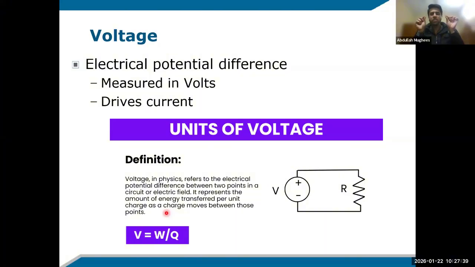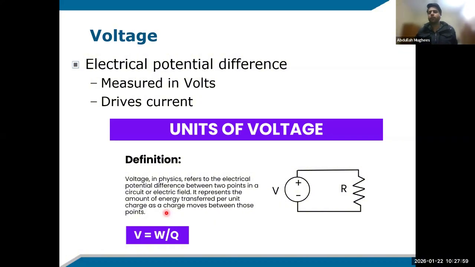The amount of energy I need to put in, the amount of work I have to do to move this charge from point A to point B, is basically the voltage.